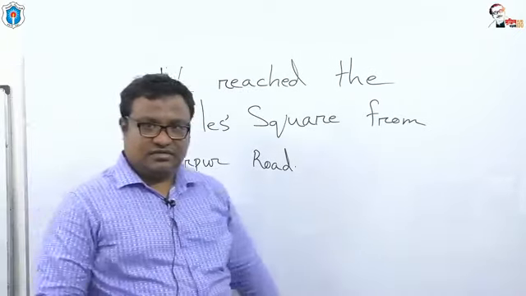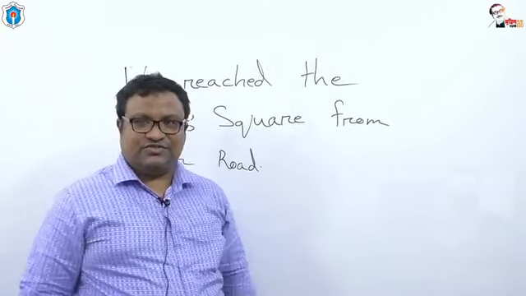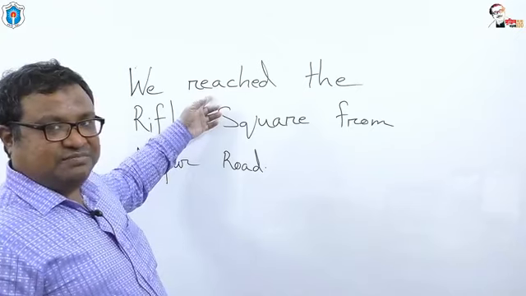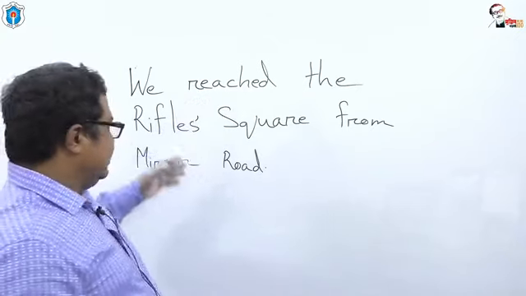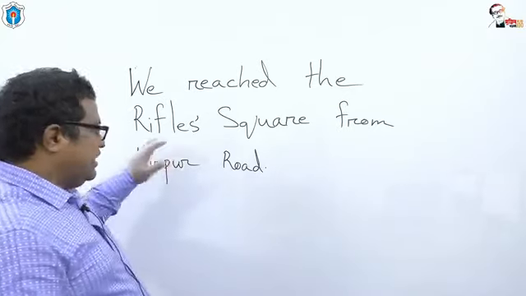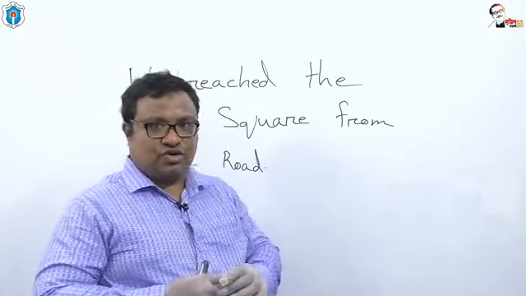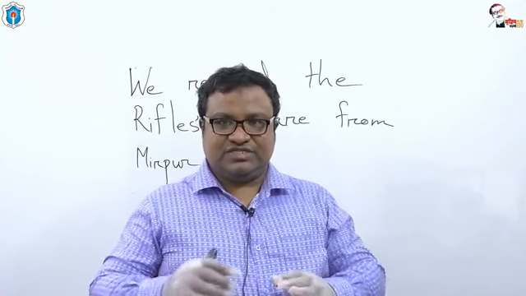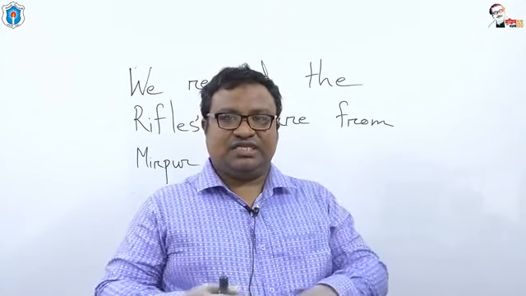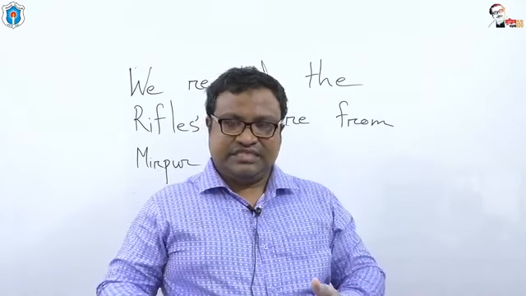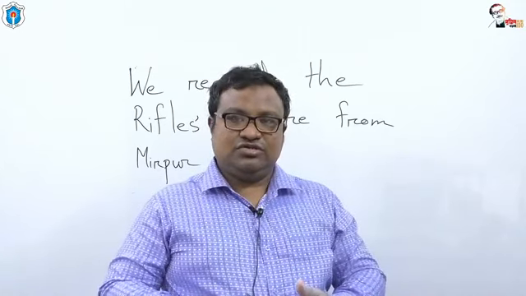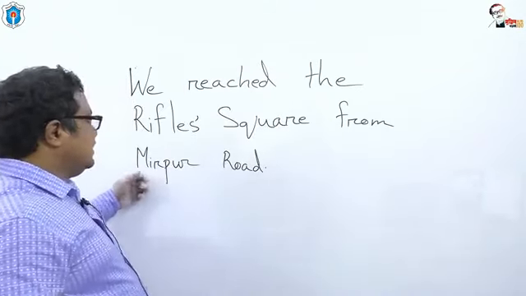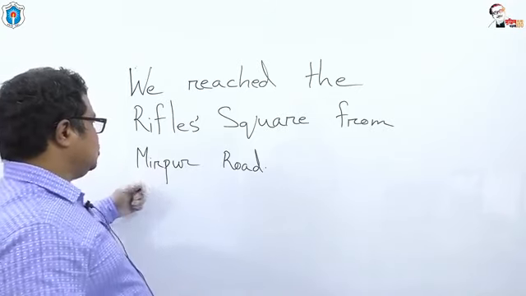Okay, it's fine, isn't it? No, it's not fine. Actually, the problem is not with verb and preposition, the problem is with article. Why? When referring to a road or any particular area, when we are using square or street, we need not use any article, but we are using an article.